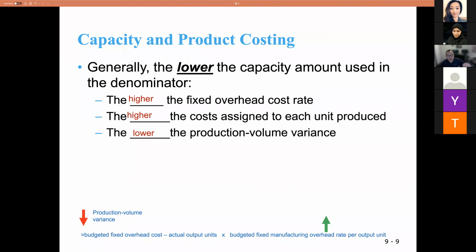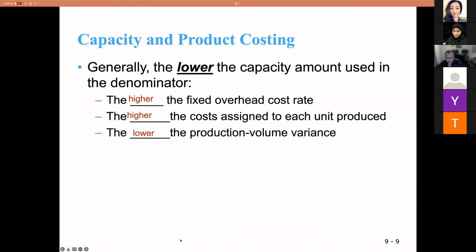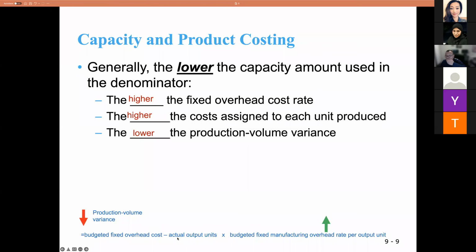How are you going to distinguish them? Just remember how this is calculated. The production volume variance is the budgeted fixed overhead cost minus the actual output units times the budgeted fixed manufacturing overhead rate.